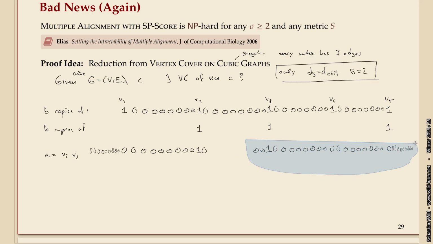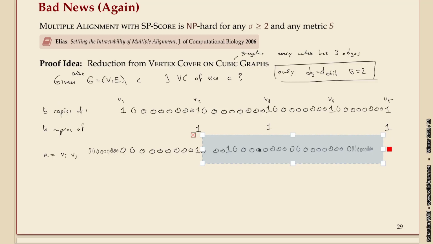Oops. In any good alignment, this will rather look like this. Because if I leave this sticking out at the end, it's going to be too expensive to match those zeros, to replace this with gaps in all the other strings. So I'll have to align it so that only as much sticks out left and right as needed, which means I can only put one of the ones in agreement with some of these picking vector ones.